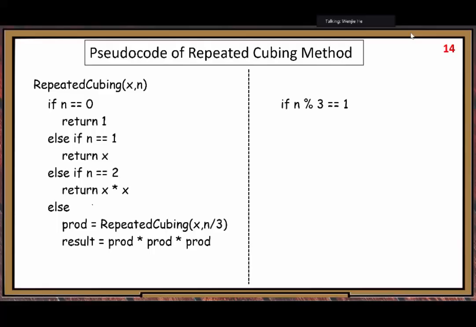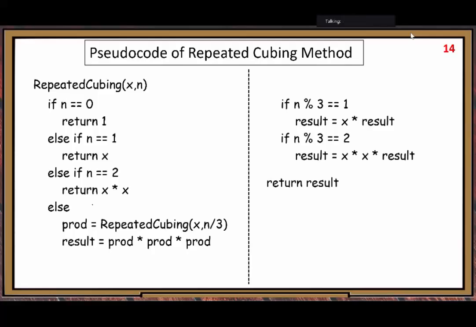When we do division by 3 on n, if the remainder equals 1, we multiply one copy of x on top of the result, the temporary variable. When the remainder equals 2, we multiply 2 copies, right? Remainder equals 0, do nothing.